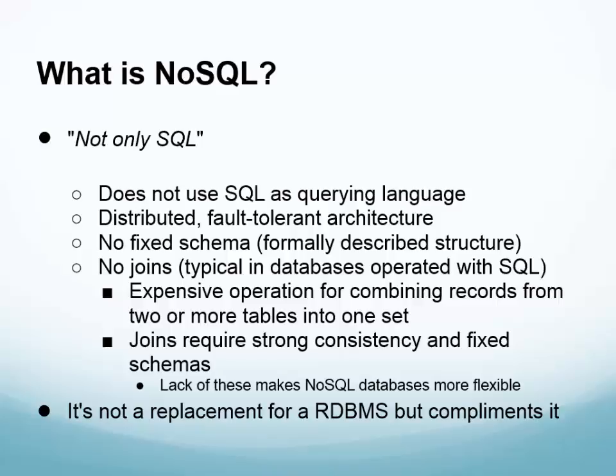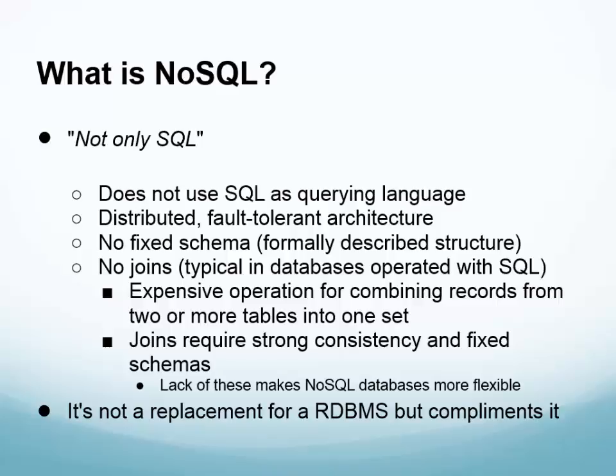why don't we use joins that are traditional to RDBMS? The reason is that they are an expensive operation for combining records from two or more tables into one set. Joins require strong consistency and fixed schemas. We don't have fixed schemas in NoSQL databases, so that's the main reason we can't use joins over here.